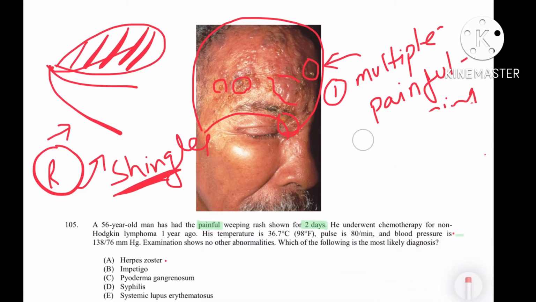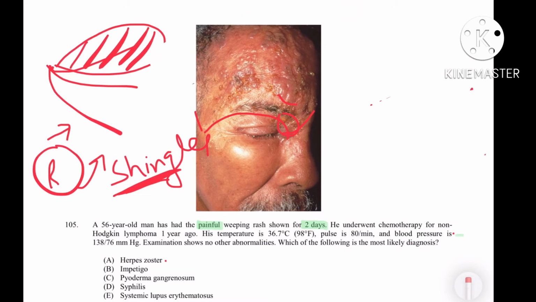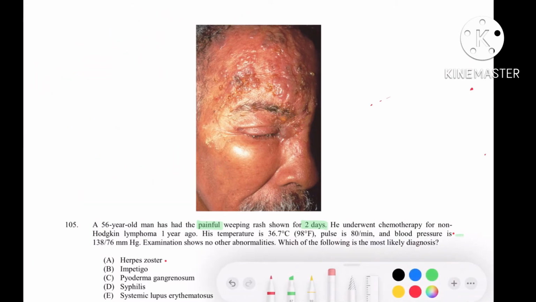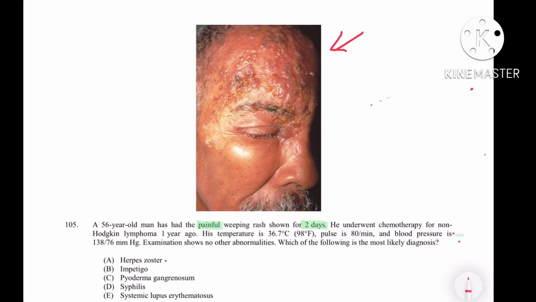One more important point you need to remember related to herpes zoster is that in this particular diagram, the nasal tip is sparing. But what happens if this infection spreads to the nose and involves the tip of the nose as well? Then that condition will be called Hutchinson's sign.